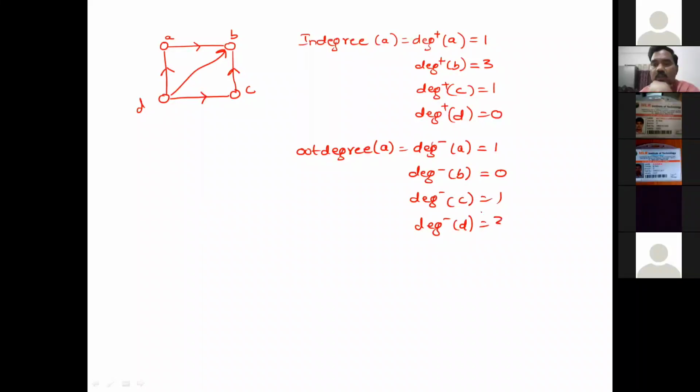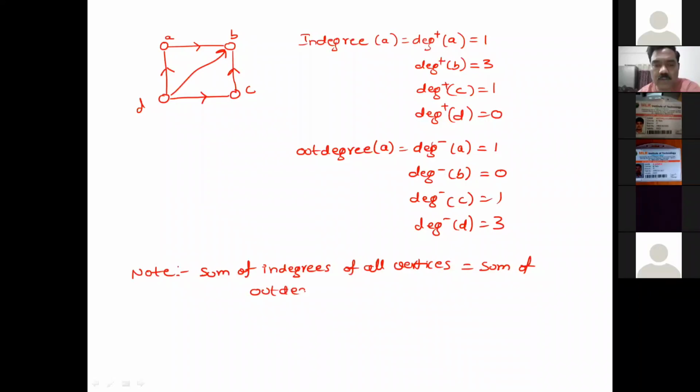Okay. Please make a note. Sum of in degrees of all vertices should be equal to sum of out degrees of all vertices in any directed graph.